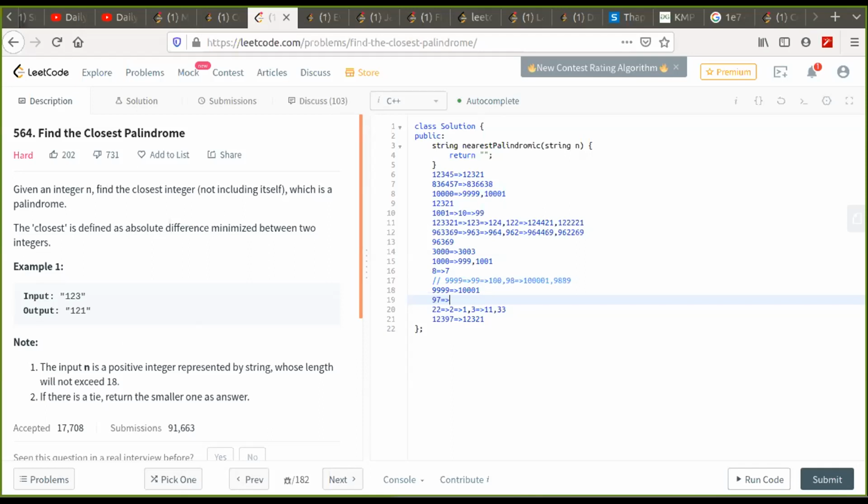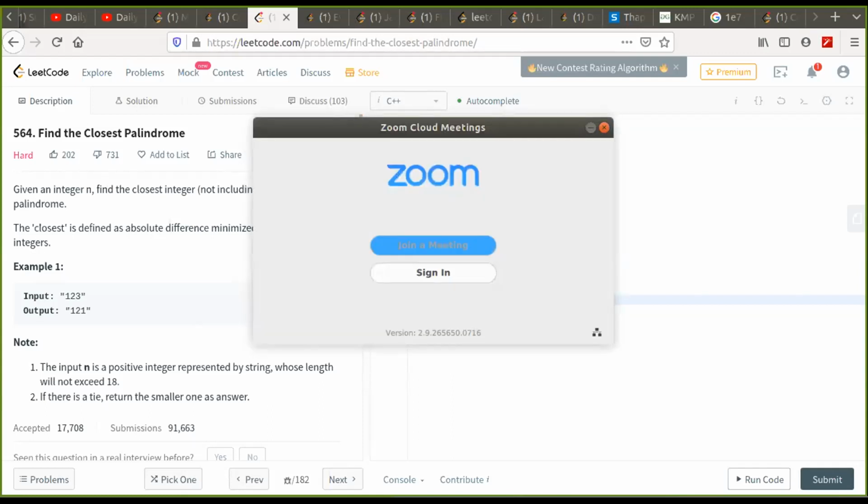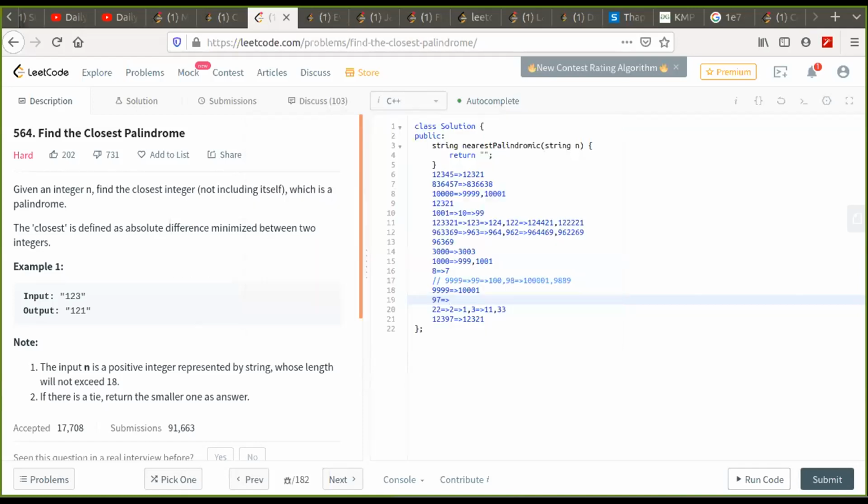Now, what about the case where we have an n-digit number, and my solution is also going to be an n-digit number? Somebody already thought about mirroring, which totally makes sense, because it's the nature of a palindrome to get mirrored.